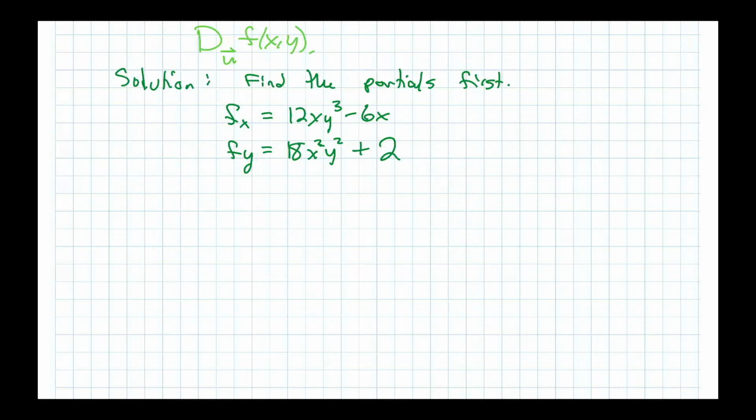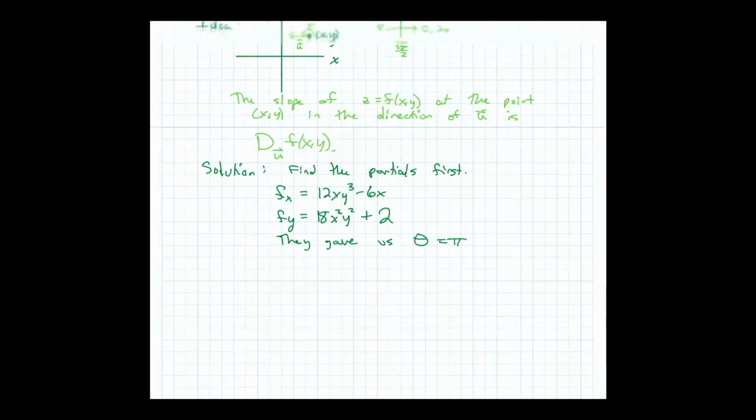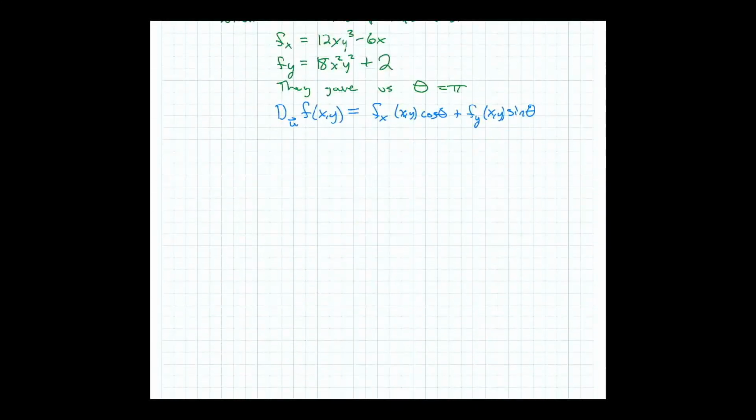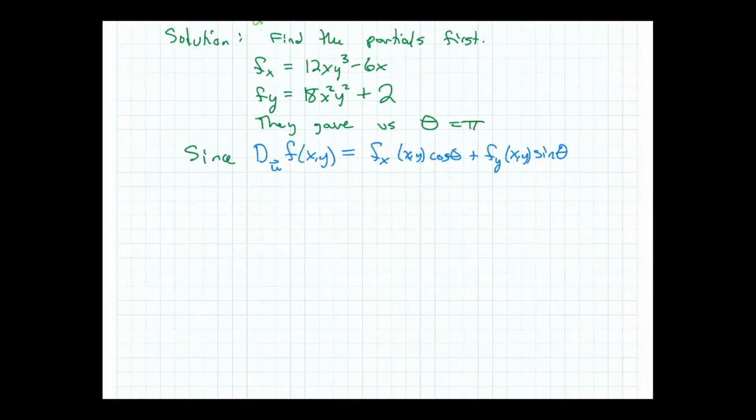We have our angle. They told us theta equals pi, right? So our formula, which is right here, just needs us to substitute our stuff in. Since this is our formula, we just plug in our stuff.